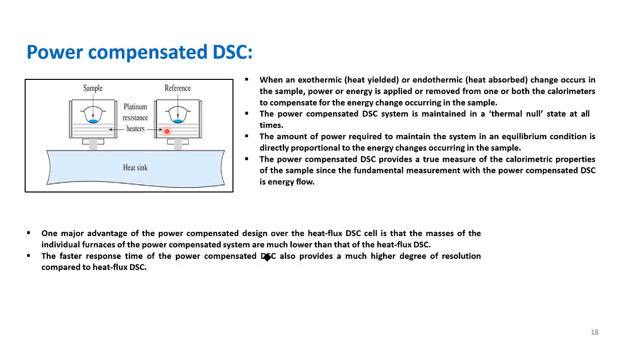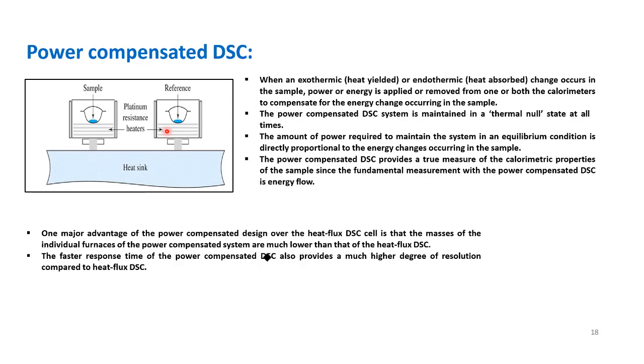The change is basically calculated between the sample and the reference. So the power or energy is applied and removed from one or both of the calorimeters depending upon the reaction. If it is exothermic, the heat is dissipated, and in the case of endothermic, the heat is absorbed.